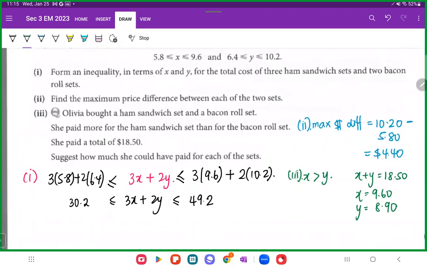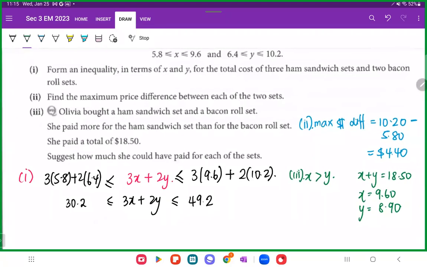Yeah, so I took the highest value for x, and then I just minus 960 from 1850 to get the y value. Yeah, this one is like this. All okay? Okay.